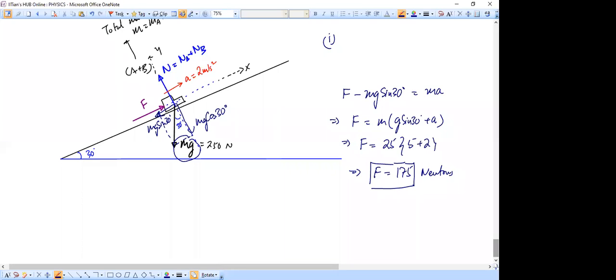Okay, now to find out the other things, we have to make the individual free body diagrams. So now let's come to that part.